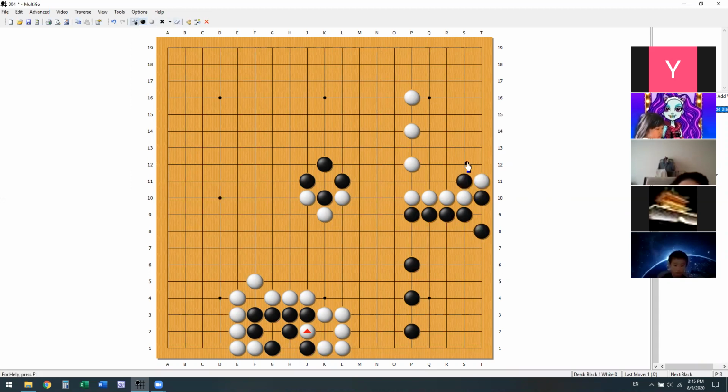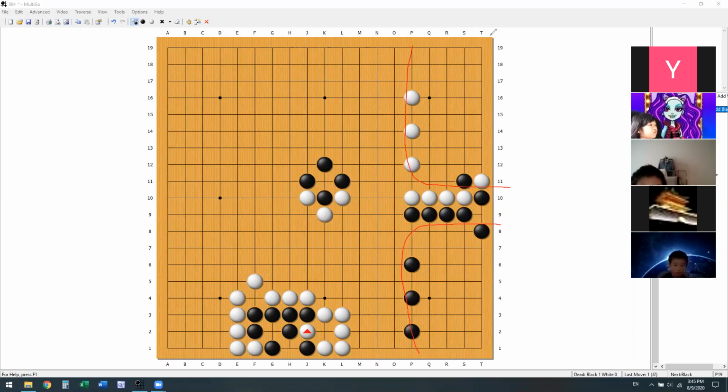Okay, like this. So black has a territory at the bottom right corner. This is black's territory. And white has some territory here in this area.